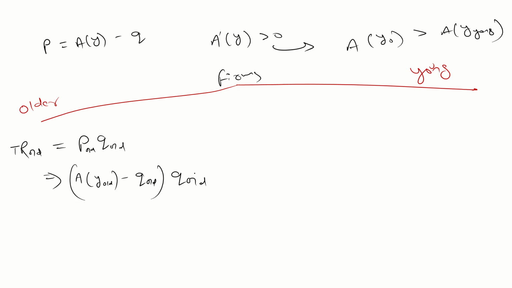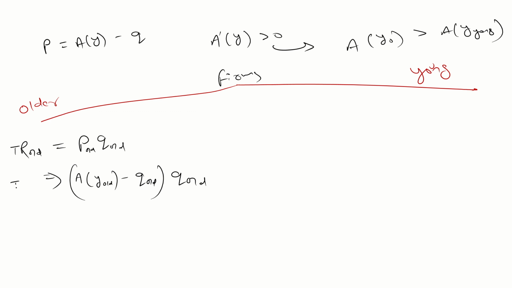Guys, just find the total revenue, that is P into Q. Nothing else. We just divided the consumers into two parts, older age and younger age, so we are trying to find out the total revenue at the older age. What's the amount that the firm has earned? So just find the total revenue. When we multiply it, you will get it.